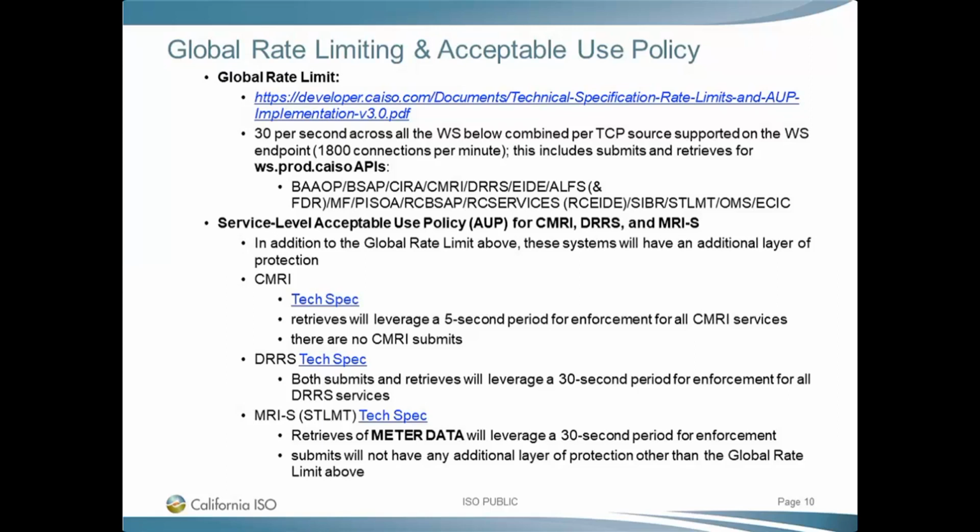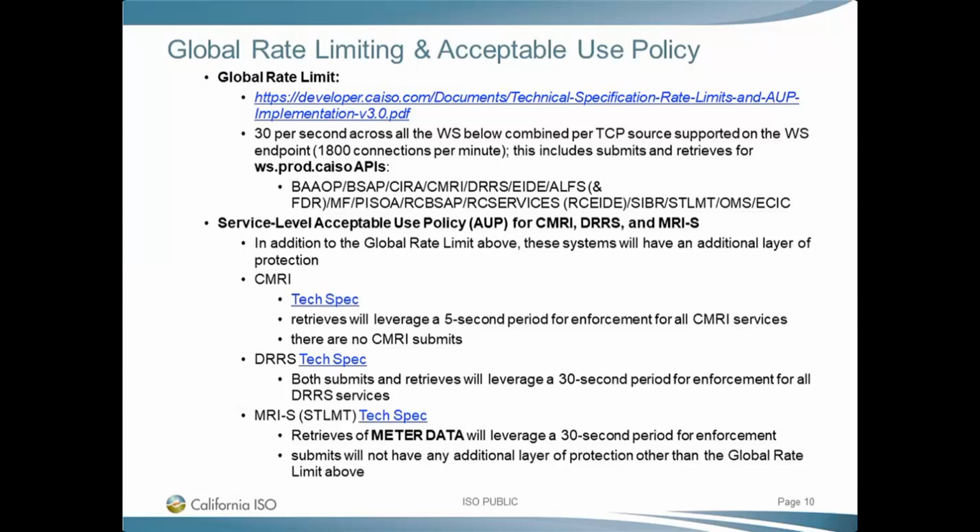But when we transition to the new URL, so when you're using the new URLs in production, there are new application-specific additional protections for CMRI, DRS, and MRIS. Those are all documented in the linked tech spec, so please pull the latest tech spec for that.